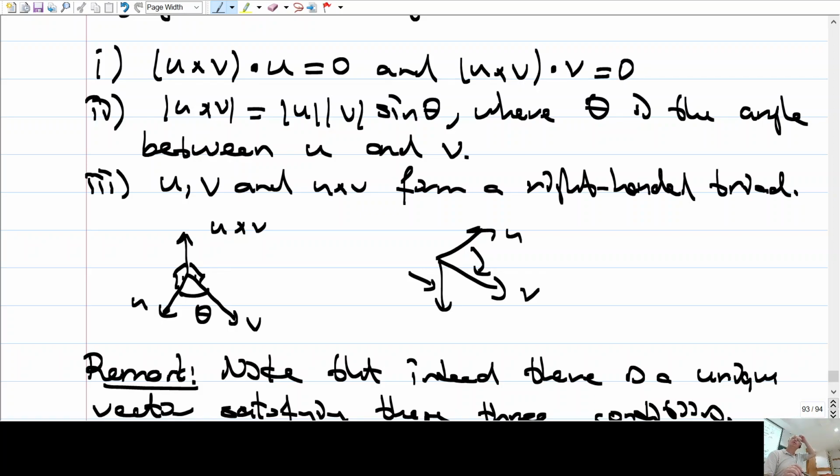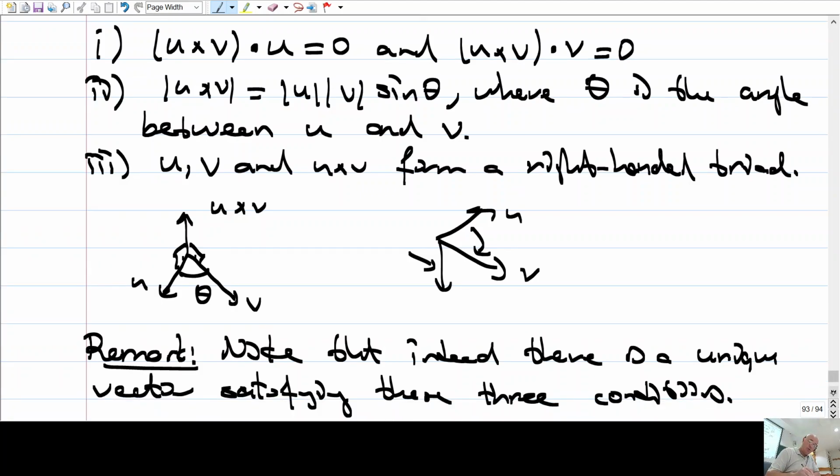You first determine the plane containing these two vectors, then you take the normal direction, and using the third condition you determine whether you should take this direction or that direction, and finally the second condition tells you the length of this vector.